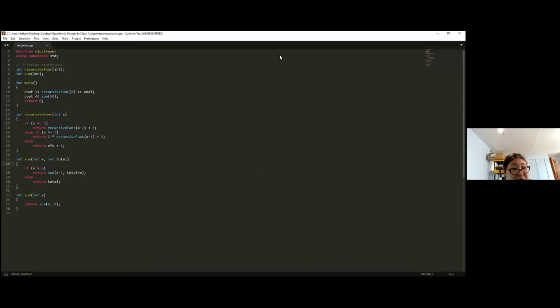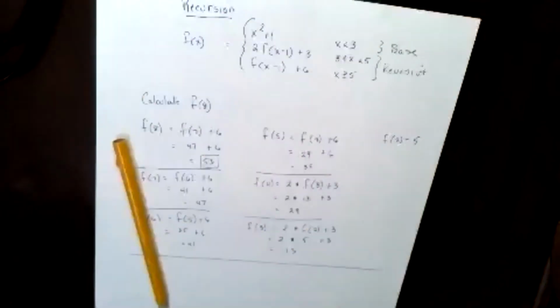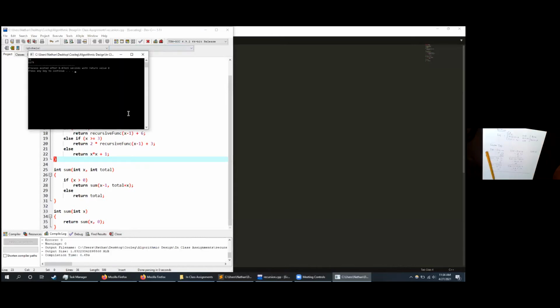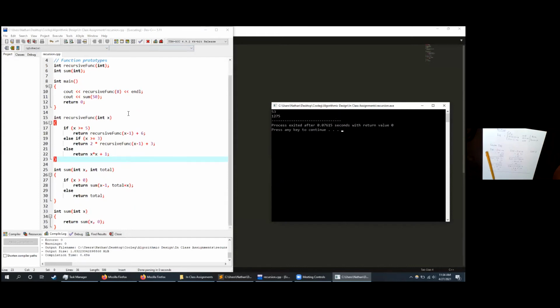This seems not very hard. It's not once you get the hang of it. Let me share my screen again because I think I accidentally shared just the window instead of the screen. Oh, you're doing both of them in one program? Yeah.